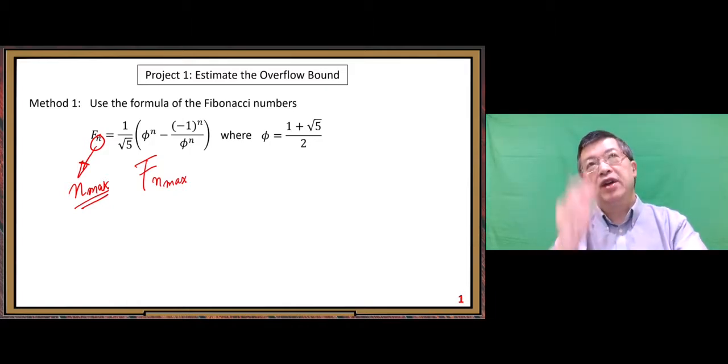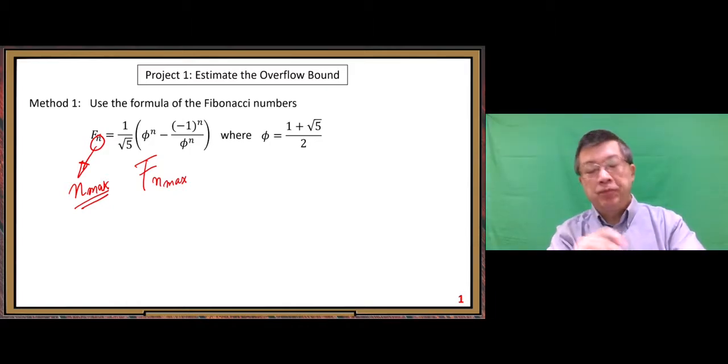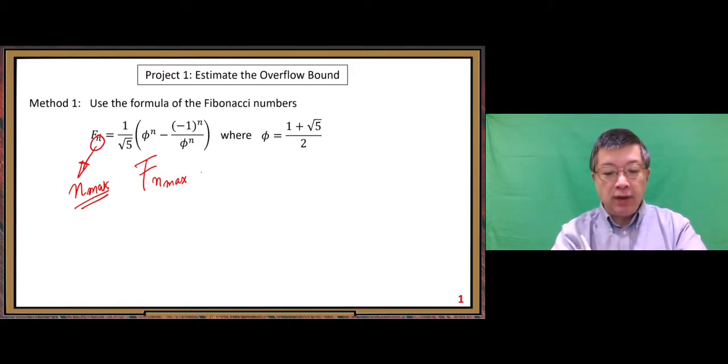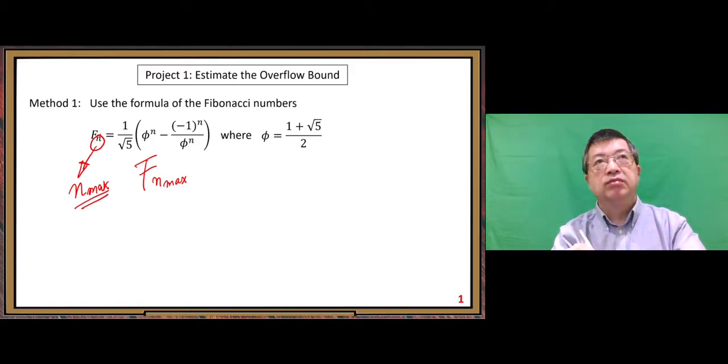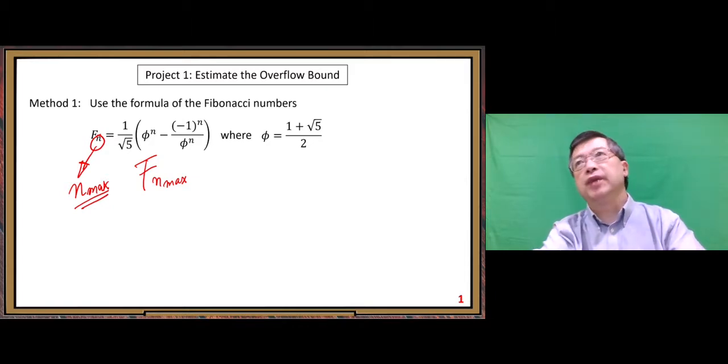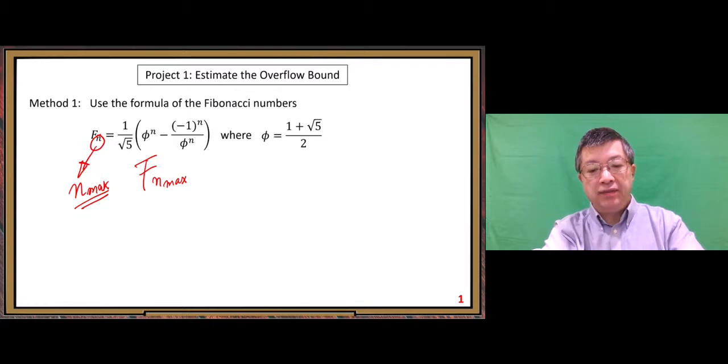You can still find the correct answer. But if you just add one more on top of it, you will get overflow. So that's the number we want to calculate, the bound.